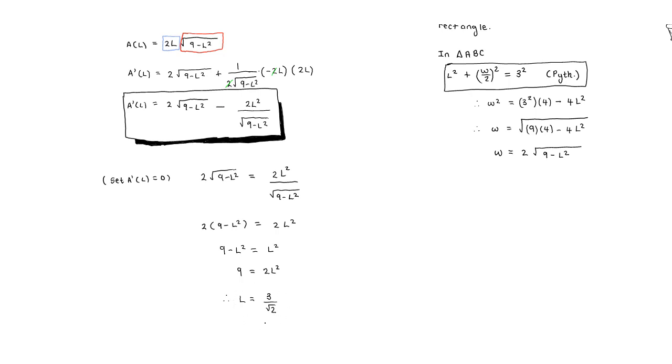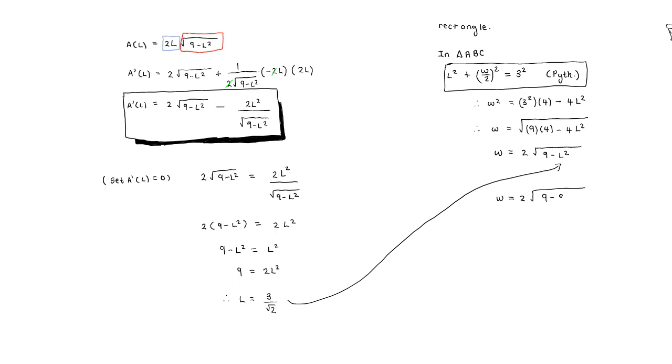We can then take this and substitute it back into our equation for the width of our rectangle. This will then give us that W equals 2 times the square root of 9 minus L squared. And well, I can take the value of L squared from here. It's simply 9 divided by 2.